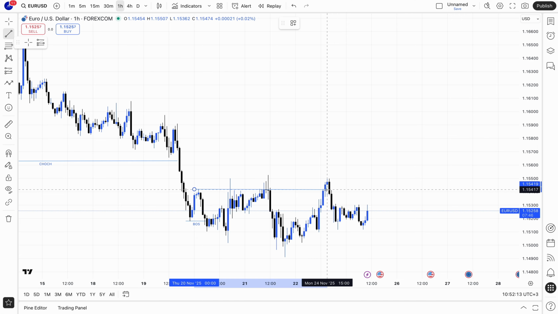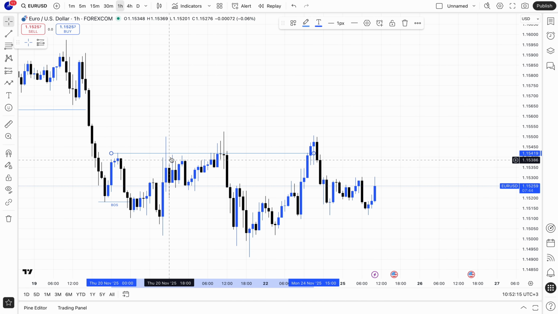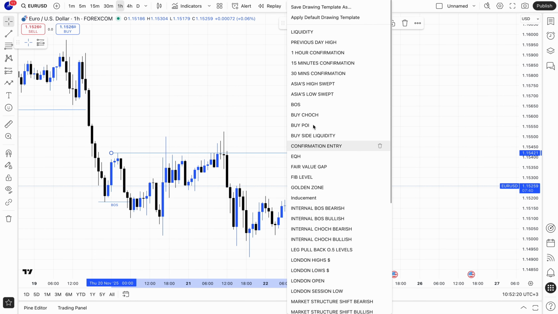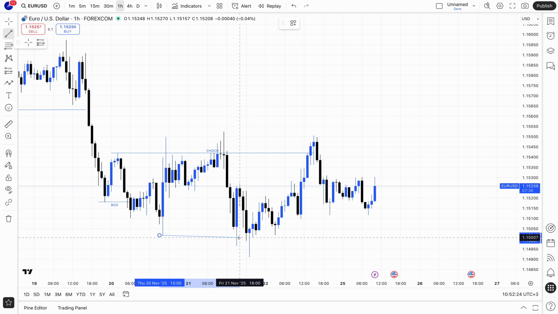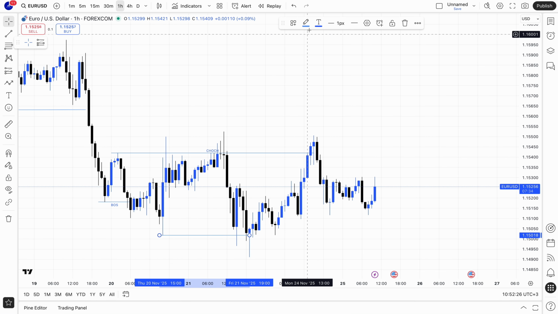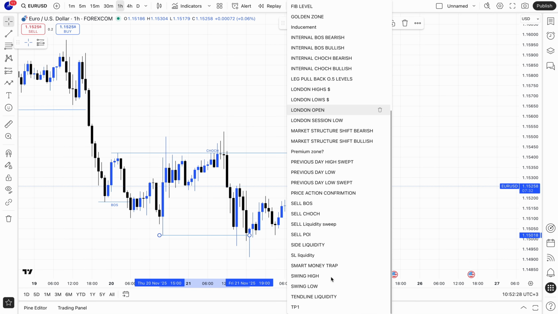Then we have our, you can see we have our change of character to the upside, external. That means the market now is moving up, and we have our liquidation. This is now our liquidation on external structure, right? On external structure. So our plan is very, very simple.